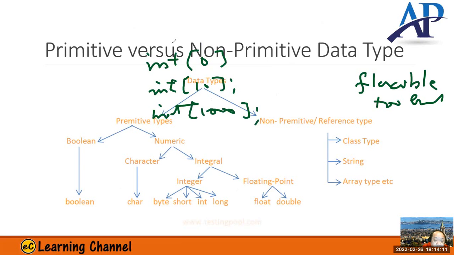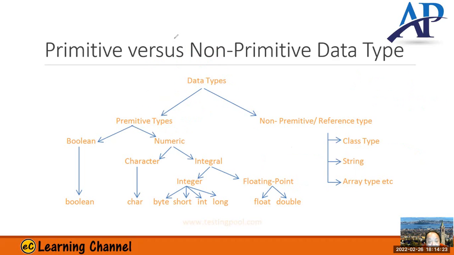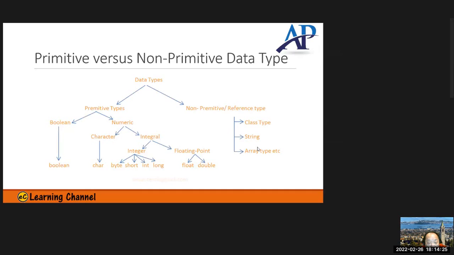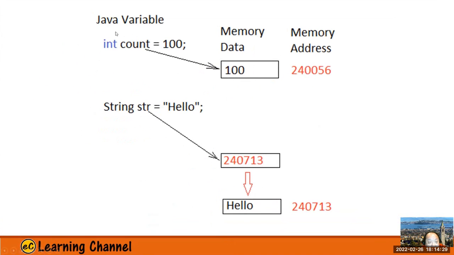So you cannot allocate a certain memory and then put everything into that memory location. We cannot use the primitive data type idea to store the array. So they invented a different way to store it, called reference data type.